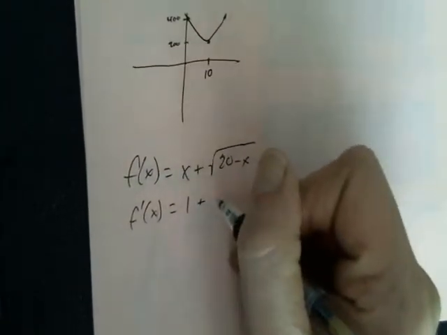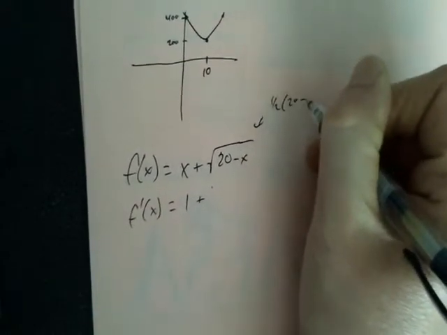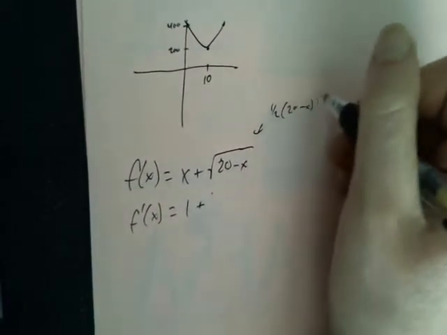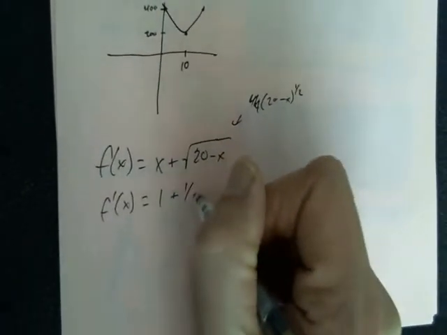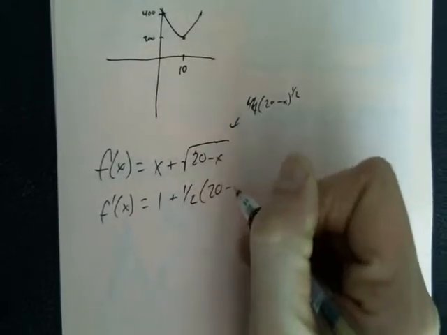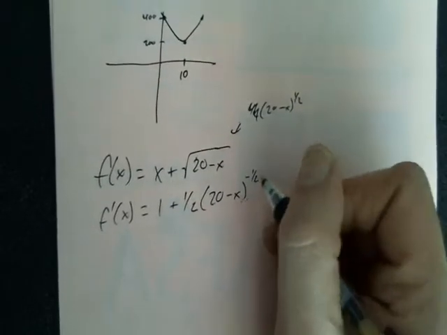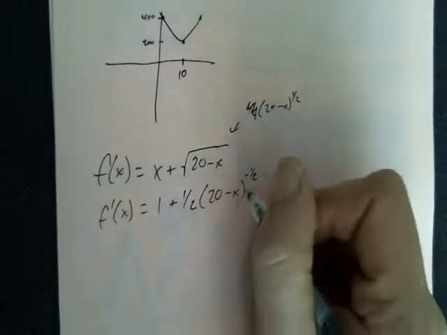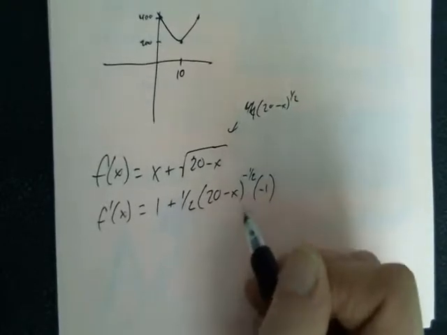We get 1 plus, remember this is 20 minus x to the 1/2. So that makes 1/2 (20 minus x) to the negative 1/2, times negative 1 by chain rule because of this negative x here.